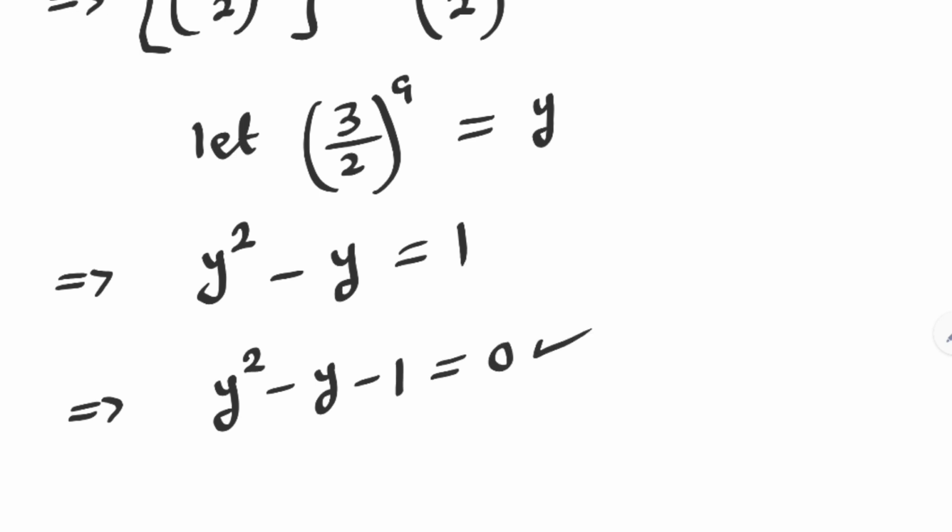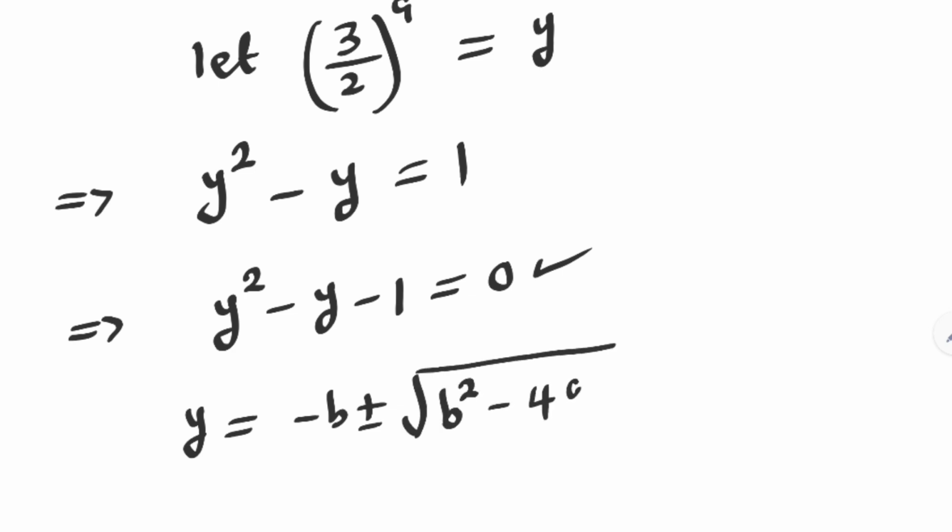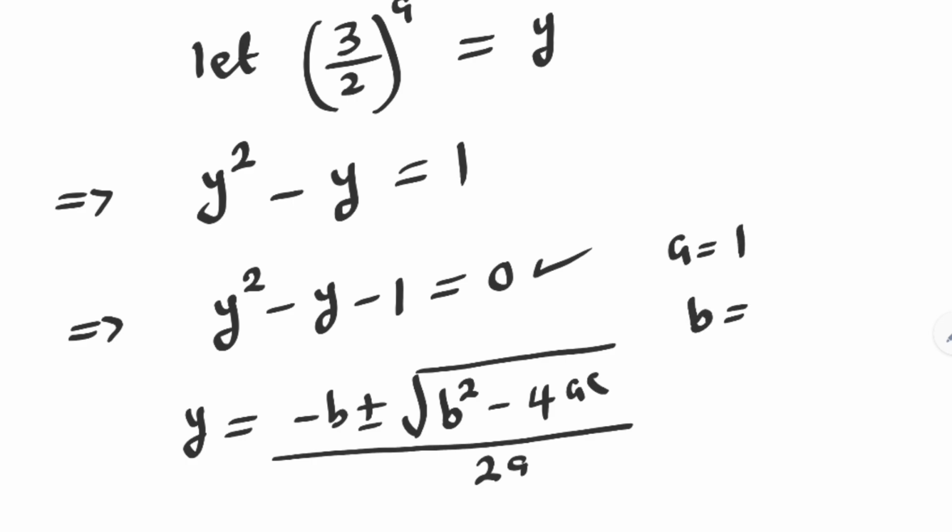Let us solve this using the quadratic formula. Y is equal to minus b plus or minus square root of b squared minus 4ac divided by 2a. Then from this equation, a is equal to 1, b is equal to minus 1, c is equal to minus 1.